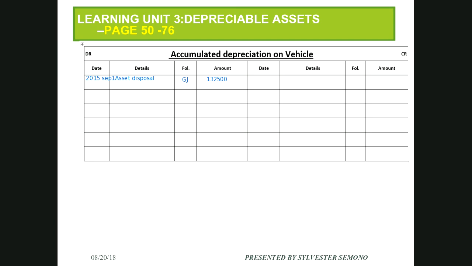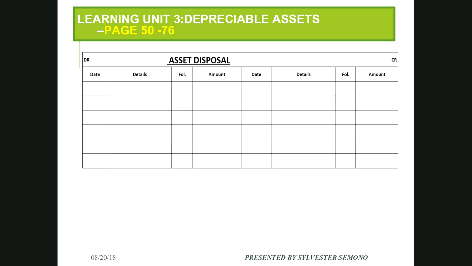Asset disposal, let me go back. On the credit side, the date will be the same. I'm going to put it here. 2015, September the 1st. What will be the contra? Accumulated depreciation.